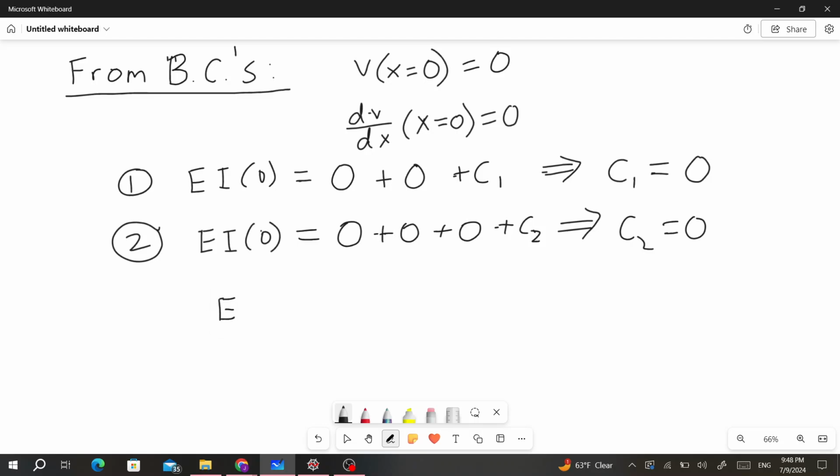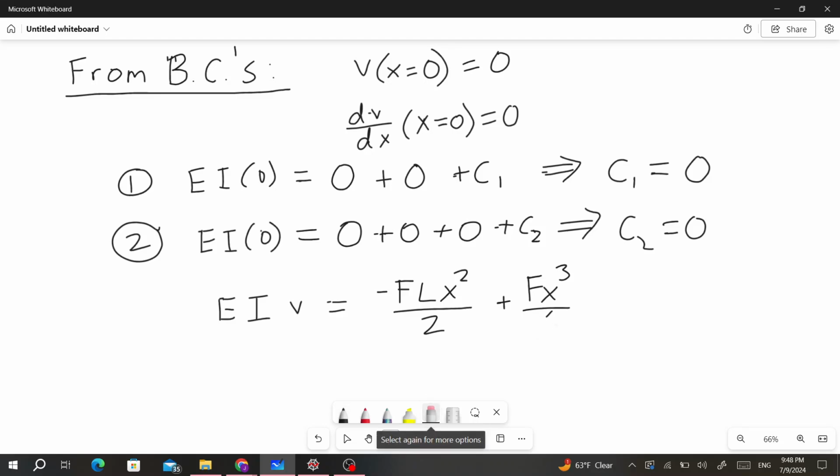We have EI times v equals minus FL x squared over 2 plus Fx cubed over 6. This gives us an expression for v in terms of x.